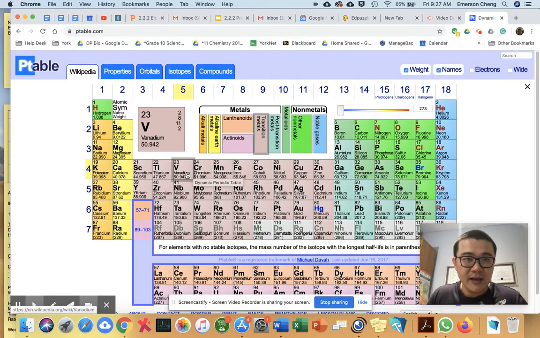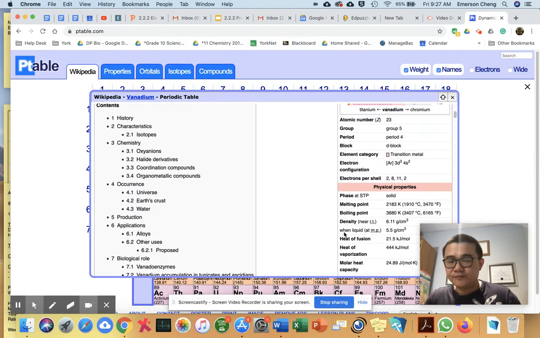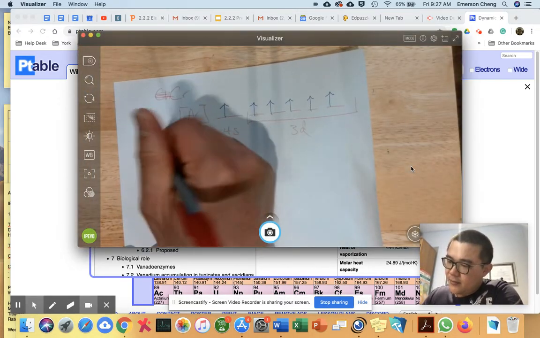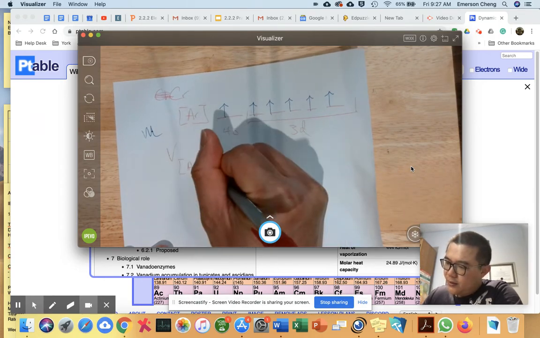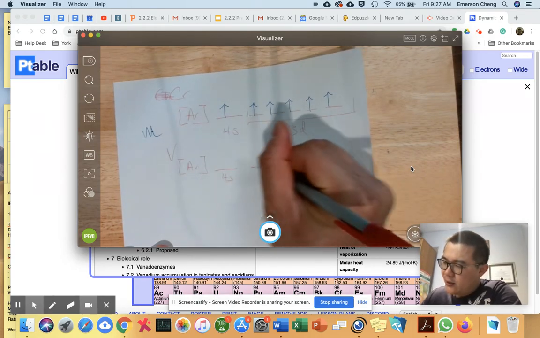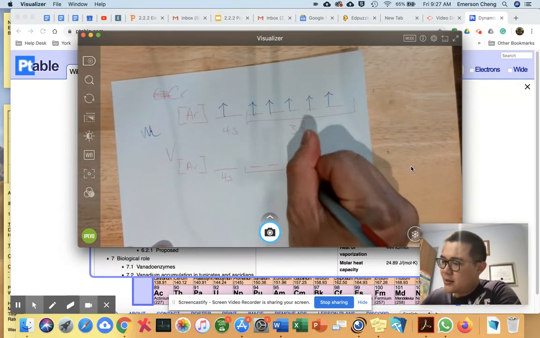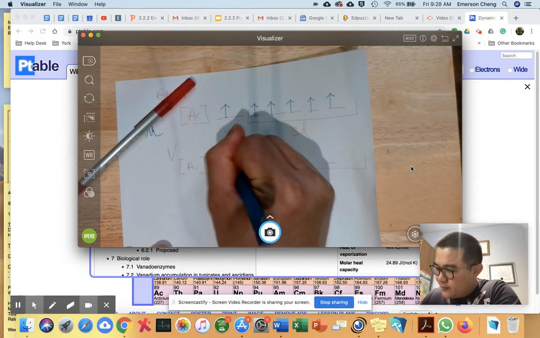Vanadium. Now vanadium, the thing is this. Yes, it has 3 electrons besides the 4s. Again, you have that 4s slot and you have these 3d.